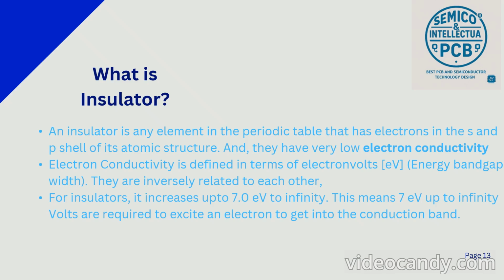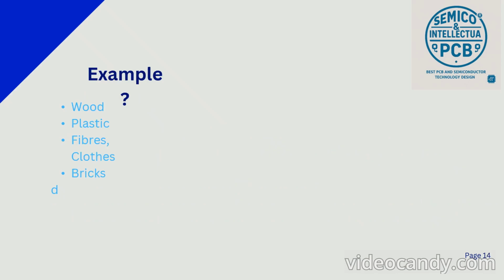So insulators are exactly the opposite of the concept of metals. Having discussed electrical conductivity and defined insulators, we can think about examples. Common examples are wood, plastic, fibers, and bricks, which are also considered examples of common insulators in our day to day life.